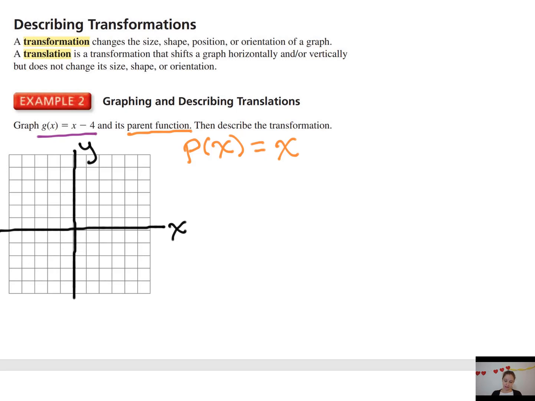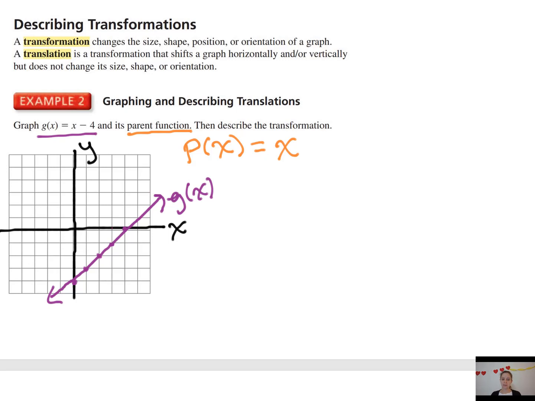So for g of x, the y-intercept is -4. I'm going to go 1, 2, 3, 4. And the slope is 1, which is 1 over 1. So rise 1, run 1. Up 1, over 1, up 1, over 1. Here is g of x.